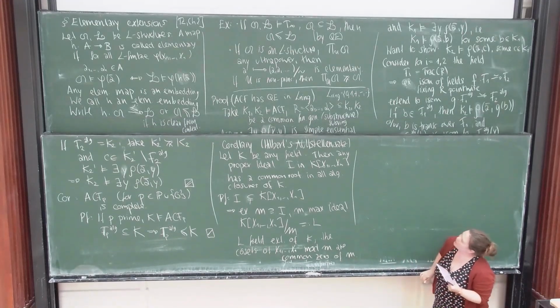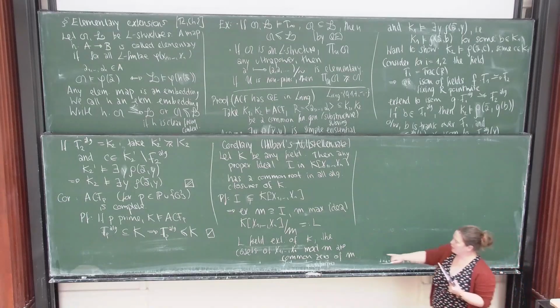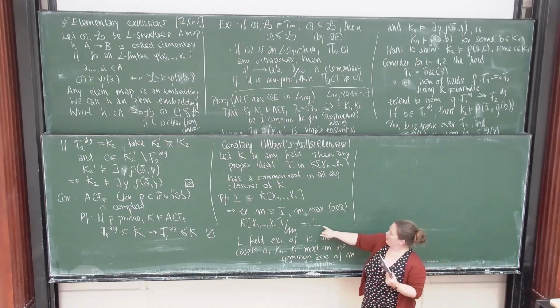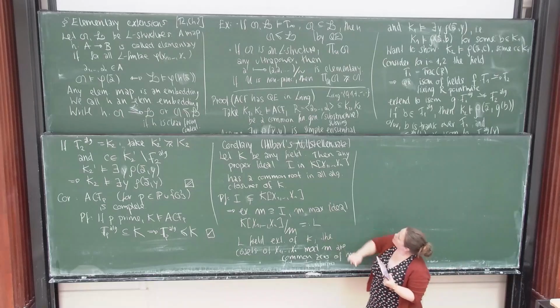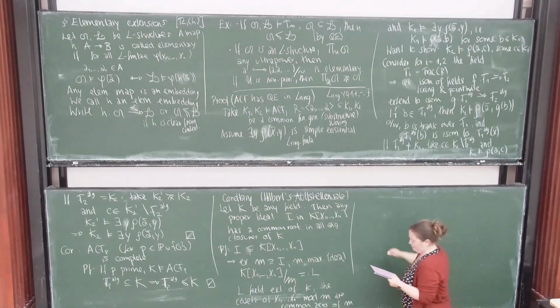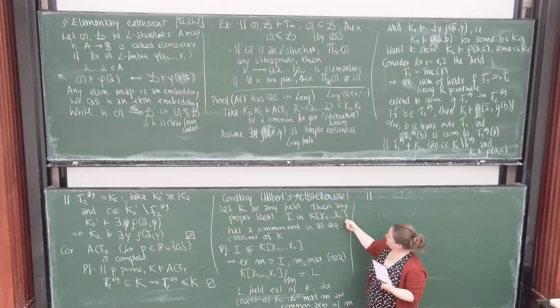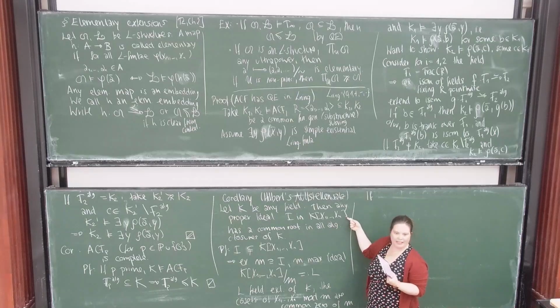Okay, so now I want to use quantifier elimination of algebraically closed fields to bring this common zero somehow down from L to any algebraic closure of K. So I need one more thing, that this is a Noetherian ring, that ideals in K[x1 up to xn] are finitely generated.